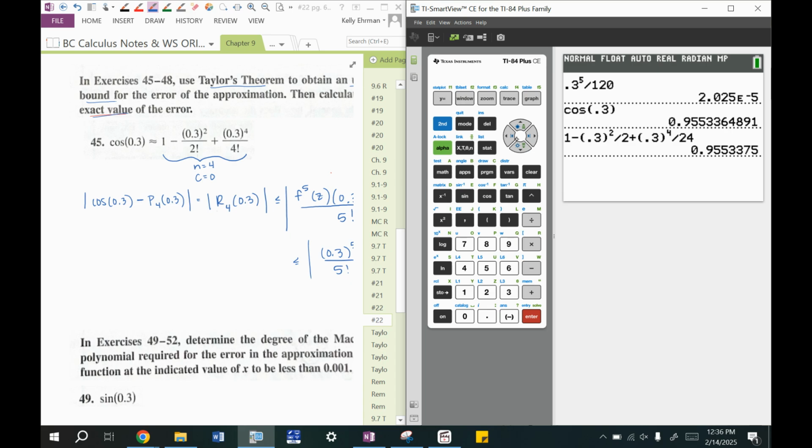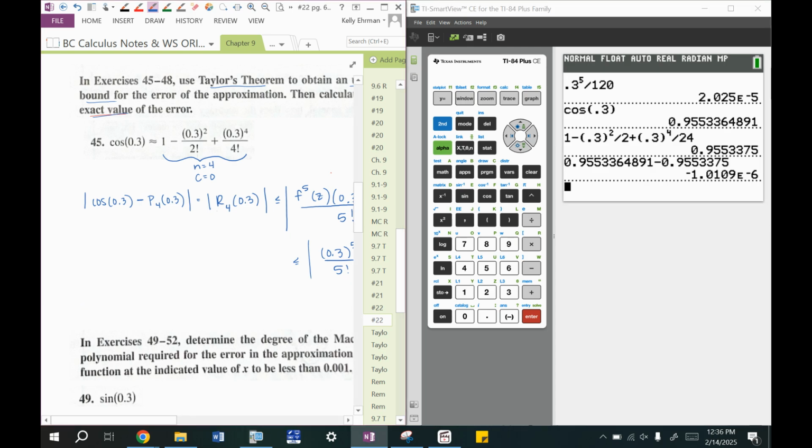They're coming out close. Let's subtract them. It doesn't matter what order you subtract them in. This is the actual error in air quotes because the calculator is rounding this value as well. Let's write out what that is.